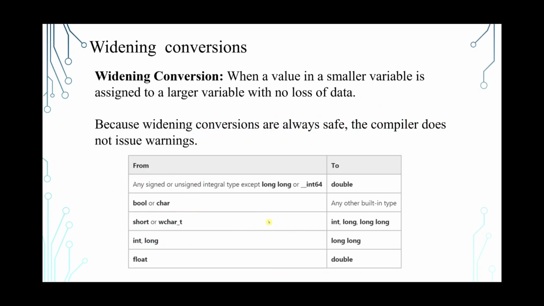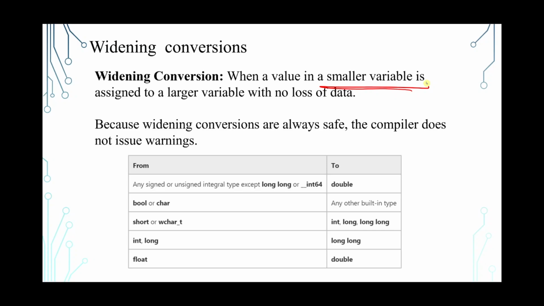Okay, there is something called widening conversions and narrowing conversions. Widening conversion is when a value in a smaller variable is assigned to a larger variable with no loss of data, or when a value of a smaller literal type is assigned to a larger variable with no loss of data.